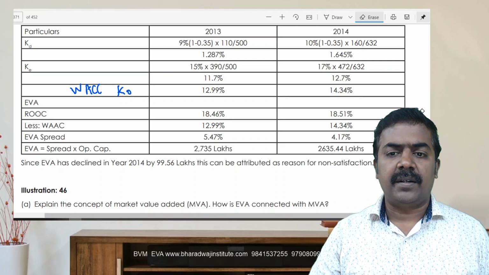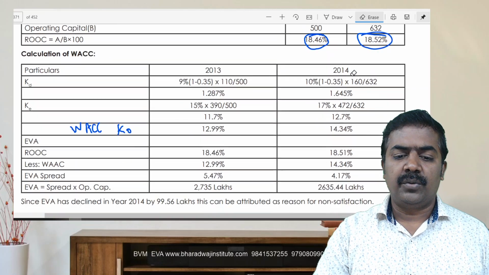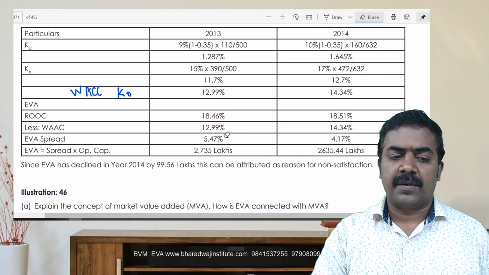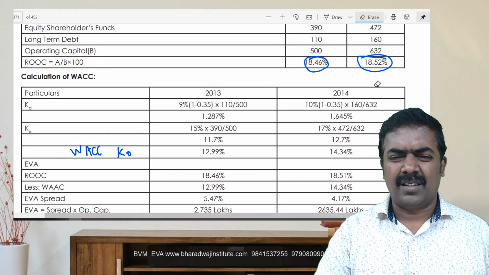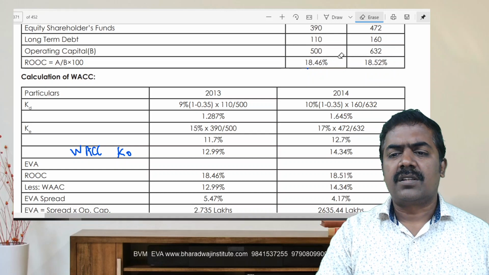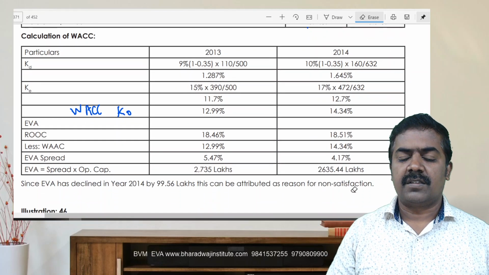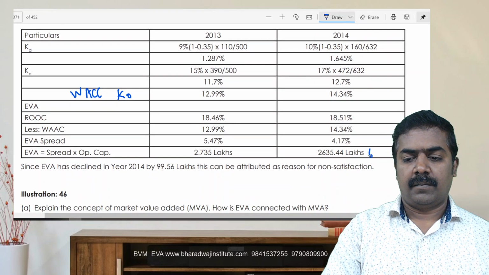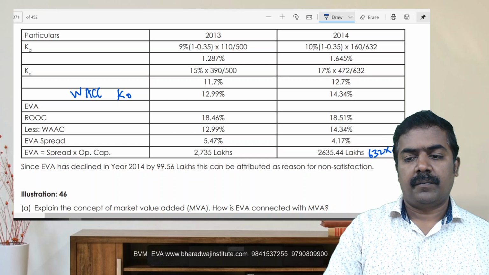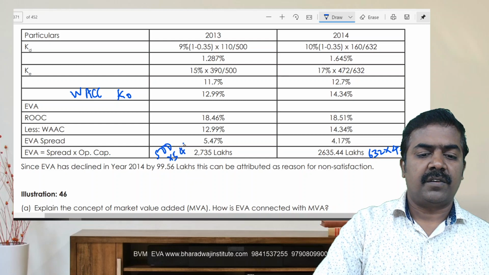What is the capital employed? Total capital employed 500 into 5.47%. Don't use the word spread and all. It is nothing but EVA. So 632 into 4.17%. This is 500 crores into 5.47%.